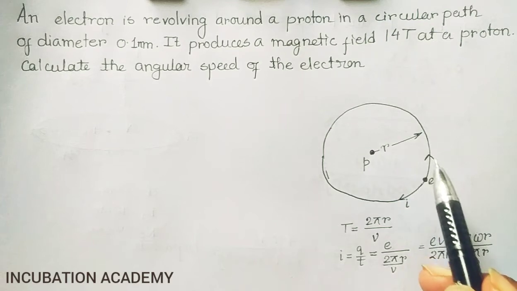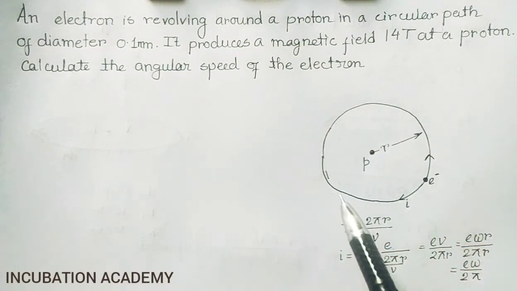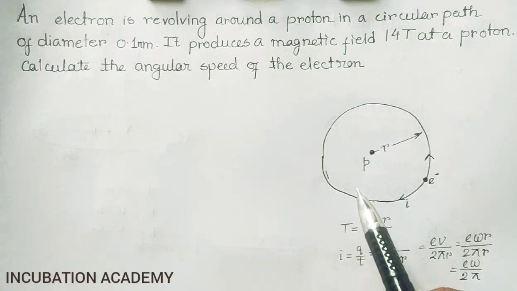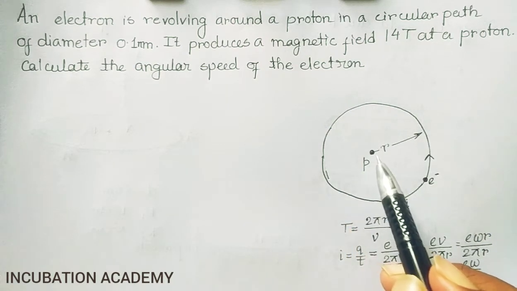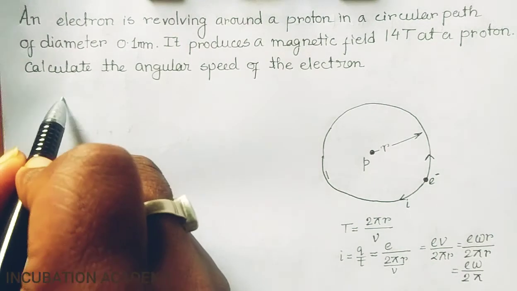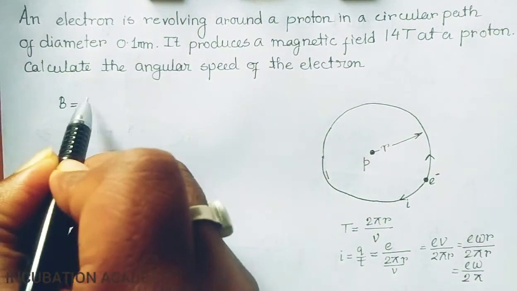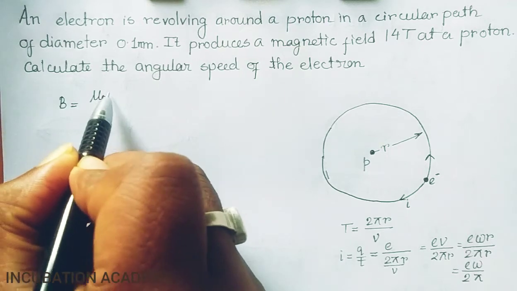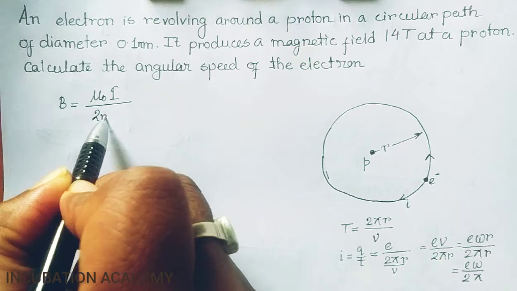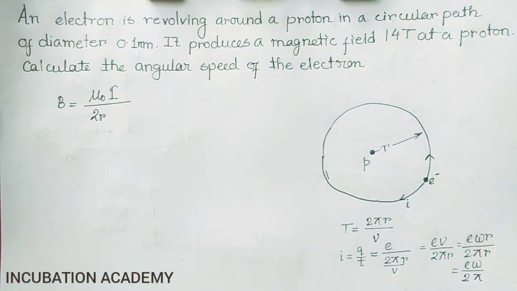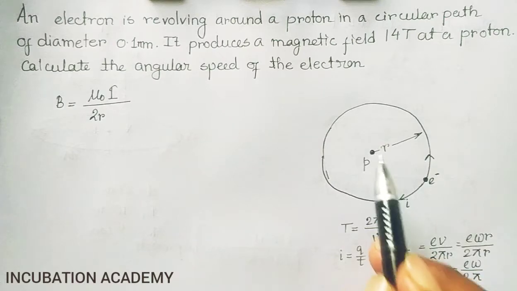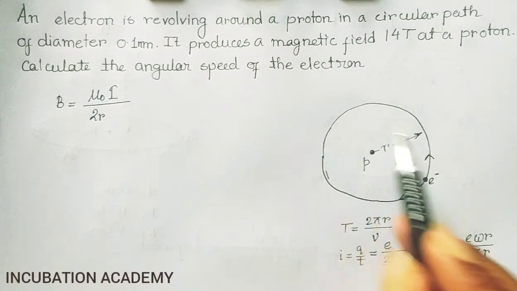If we consider this circular orbit as a current carrying loop and we want to find the magnetic field at the center, then the expression we use is mu naught I divided by 2r, because we are finding the magnetic field at the center of this current carrying loop.